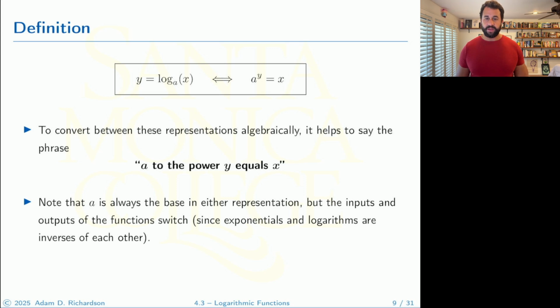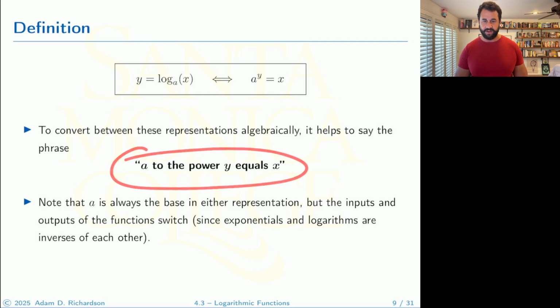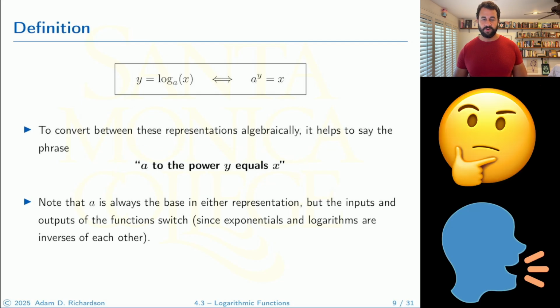All right. Okay, so more about this inversion relationship. If you want to convert between these two representations, it helps to say this phrase out loud: a to the power of y equals x. So I want you to say it out loud to yourself for a minute, and I'll show you why we're doing that. a to the power y equals x.